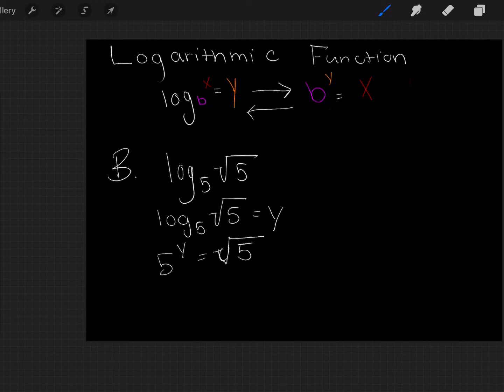So our next step is 5 to the power of y equals 5 to the power of 1/2. That 1/2 is because the 5 is to the power of 1, and a square root always has a 2 on the outside. So that's going to give us our 1/2. Now those 5's cancel out, so we're left with y equals 1/2.